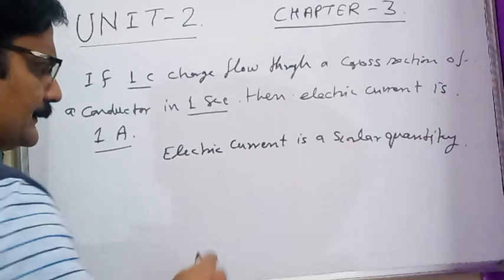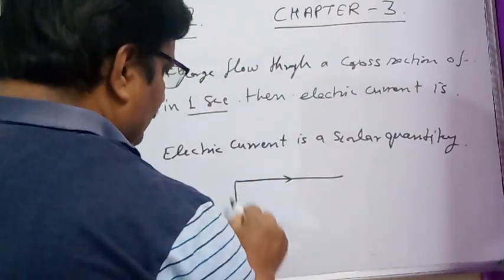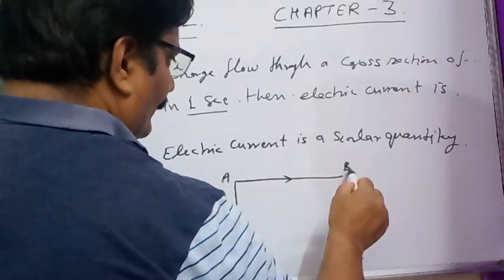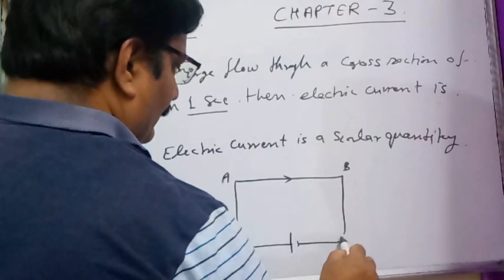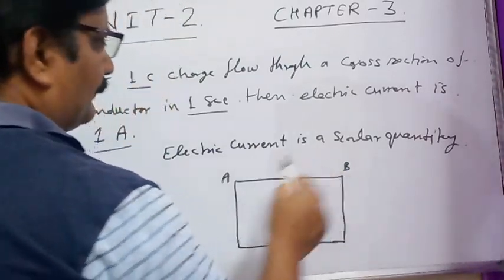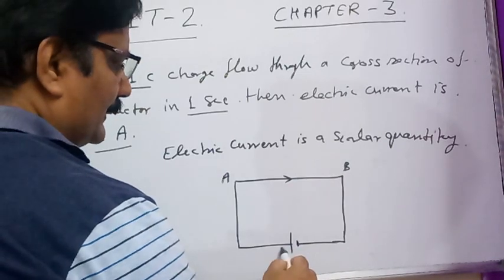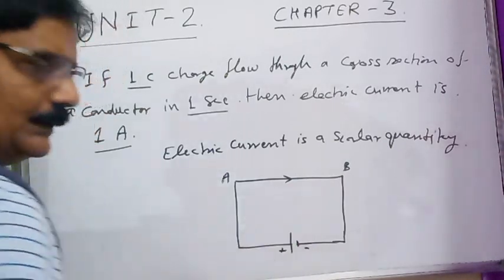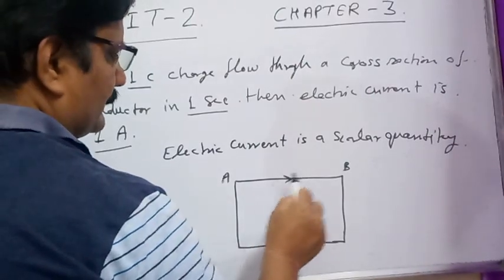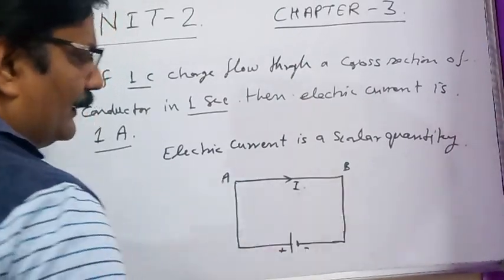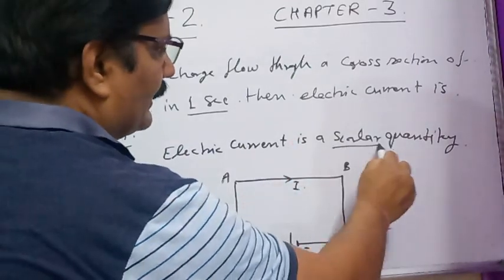Electric current is always indicated with a direction. Suppose this is AB, a conductor connected to a cell. There is going to be a current flow established in the direction A to B, or from the positive terminal of the cell towards the negative terminal. Here you can see the direction of the current flow is indicated by the arrow, but still electric current is considered to be a scalar quantity.